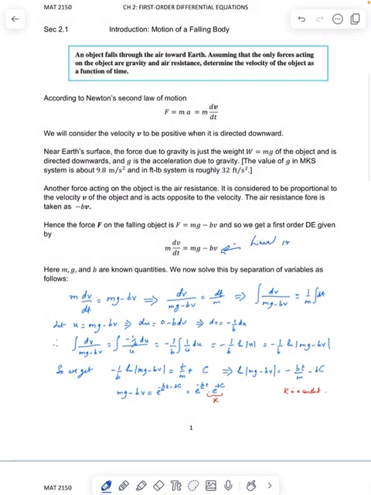In this case, the independent variable is t, and the dependent variable is v. We want to find v, so we need to solve this differential equation. We can do it by separation of variables. We see there is a v term here, so v is a variable, and we see a dv here.